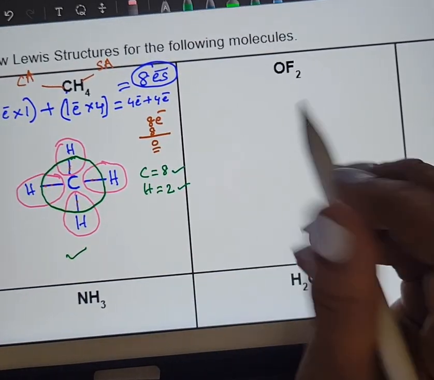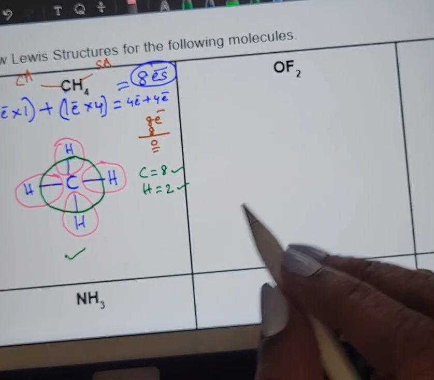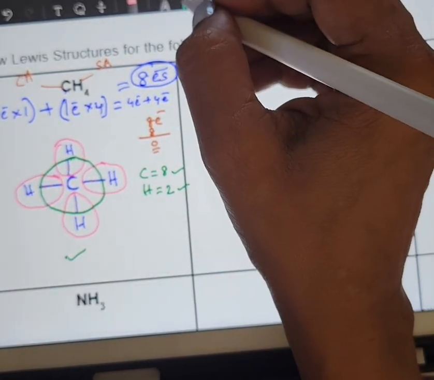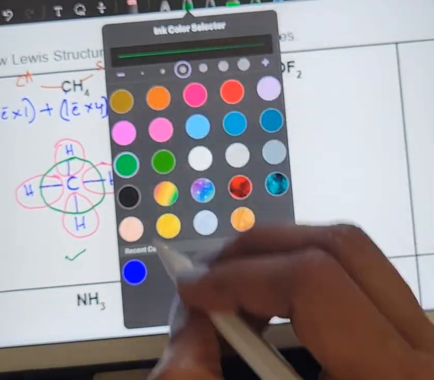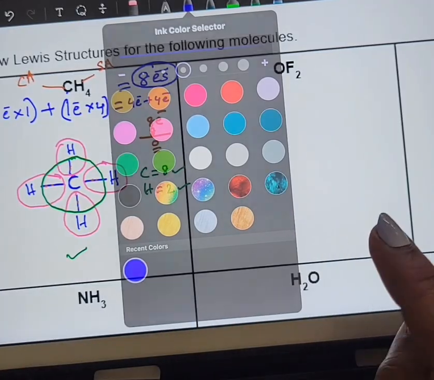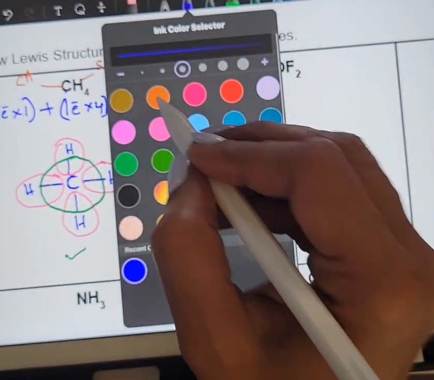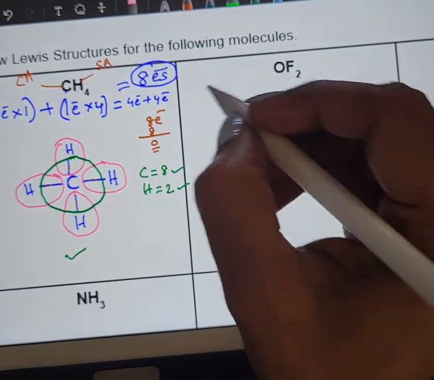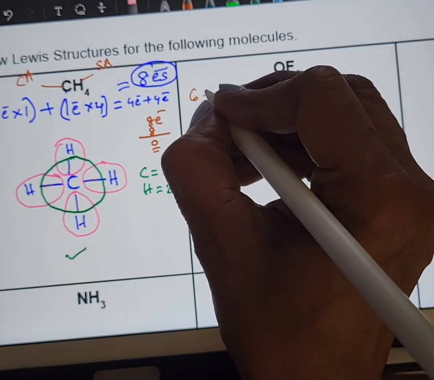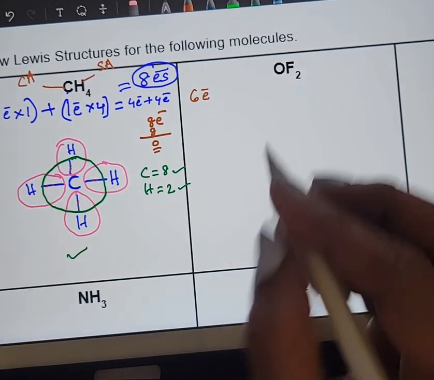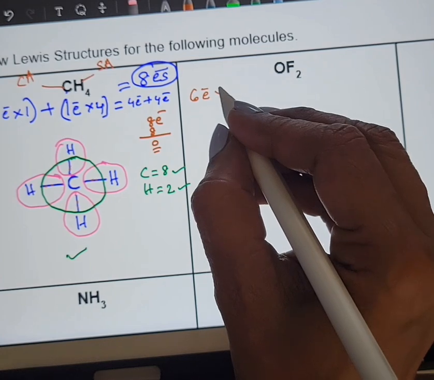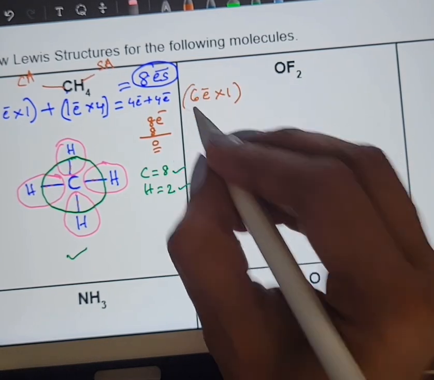OF2. First step, calculate the valence electrons. Let's do it. For calculating valence electrons, I'll use a different color. That will be good for you. So oxygen has 6 electrons, and there is only one oxygen, so I will multiply that with 1.